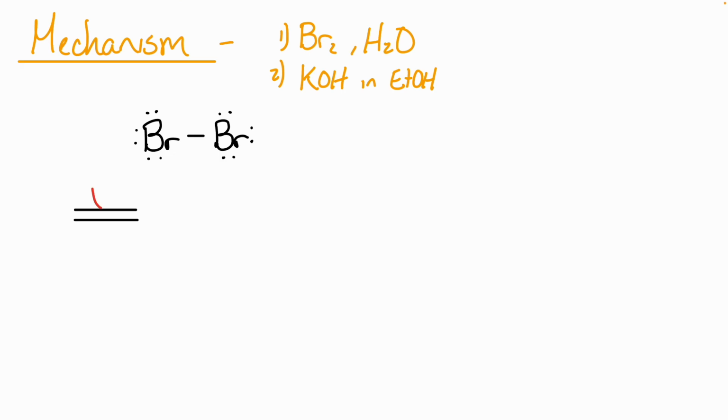My pi bond plays the role of a nucleophile attacking that bromine, but then the bromine attacks back with its pair of electrons, creating this cyclic bromonium ion.